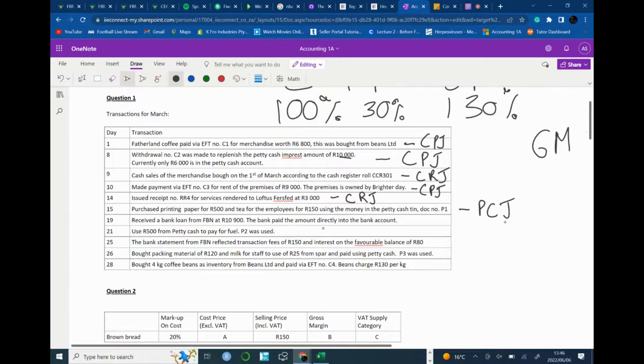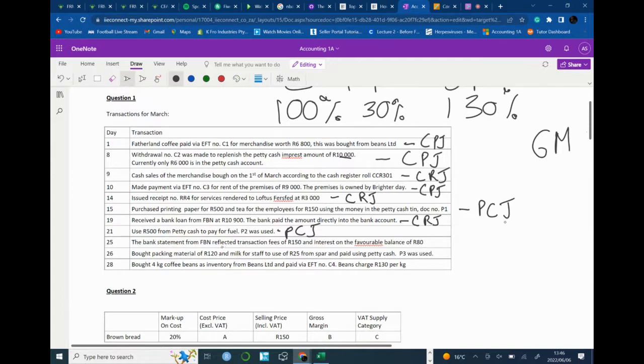The bank paid the amount directly into the bank account. CRJ. Whenever we receive cash, CRJ, even though it's a loan. Used 500 from petty cash to pay for fuel. P2 was used. Petty cash journal, 100%.